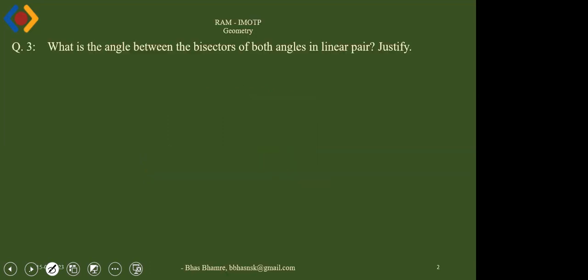So here is the question: what is the angle between the bisectors of both angles in a linear pair? It is a simple kind of question. I will give you the idea of how we worked on it, not the exact solution, but we are just verifying what you have worked on, whether it is correct or not.